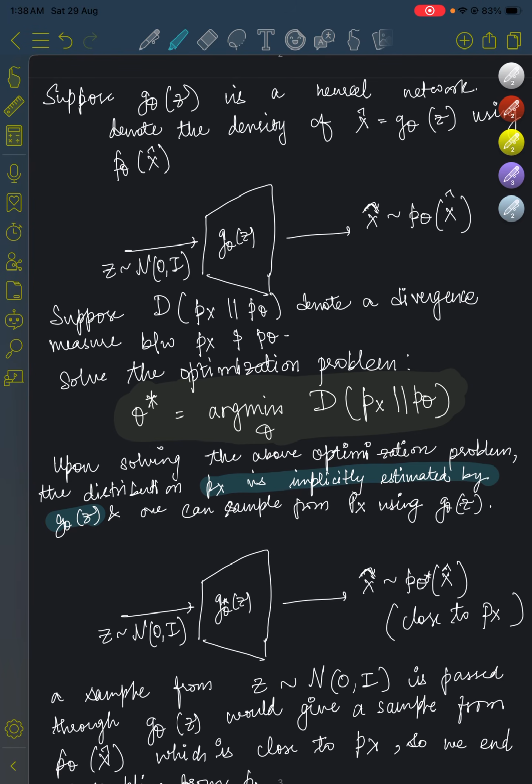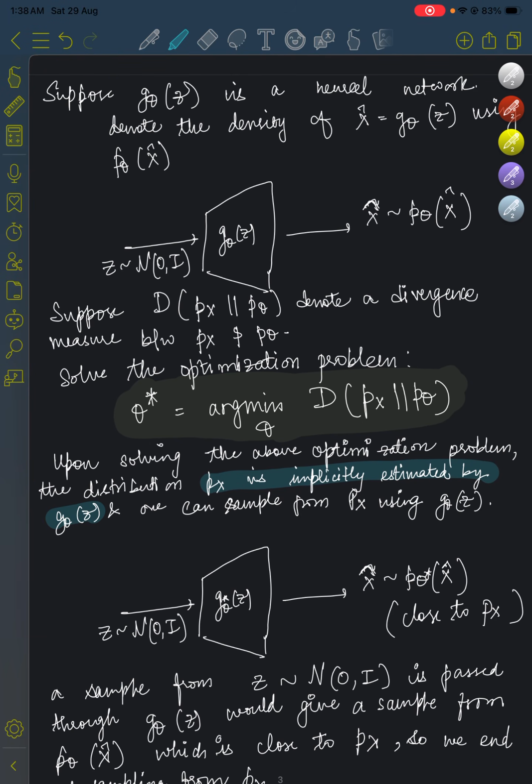Okay, so we have a random variable z, which is sampled from a normal distribution, not a standard normal distribution. We have a neural network, denoted by g, g theta of z.